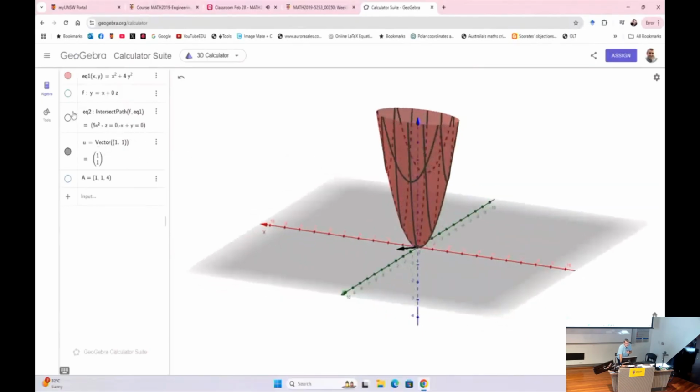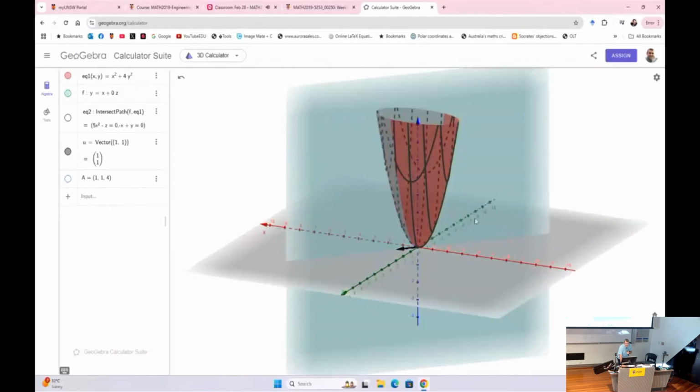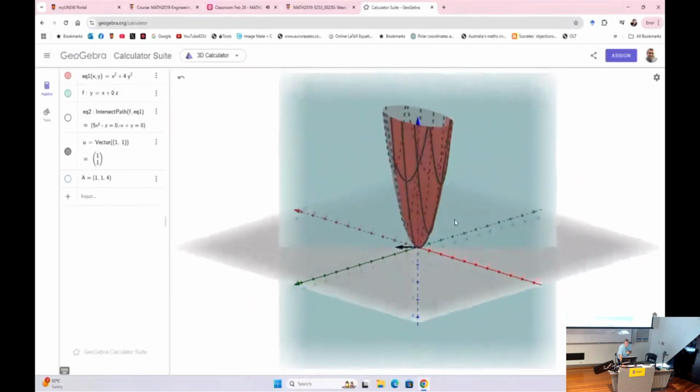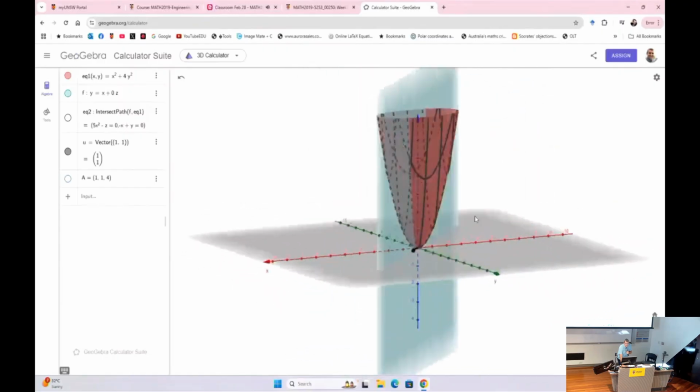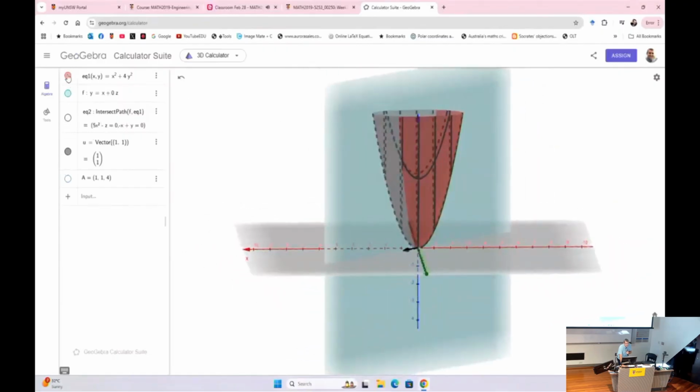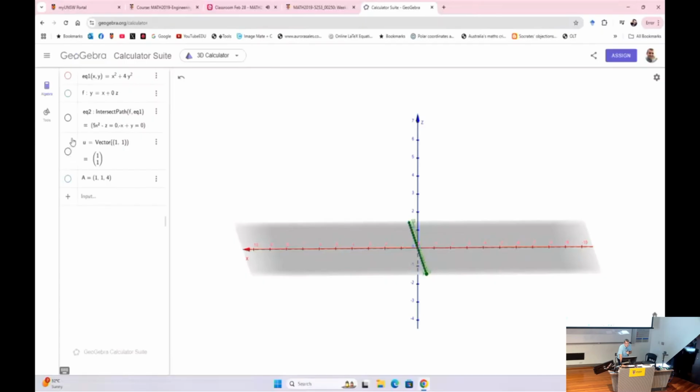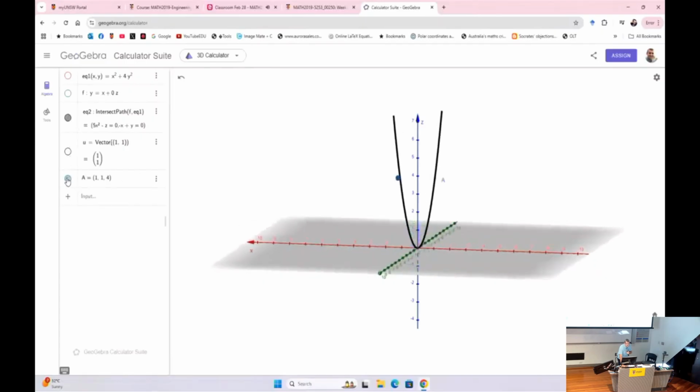Third thing I did was smash that with that plane that's containing the vector. Okay, I get a curve. The last thing I did, that point is the point that we're given that lies on the surface. That's how I did it.